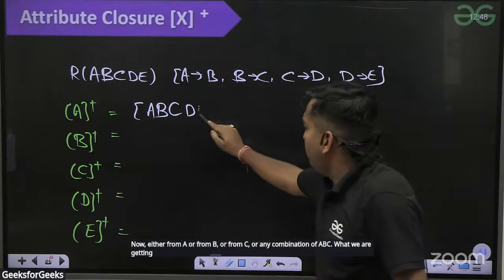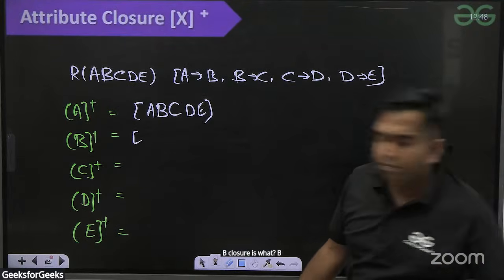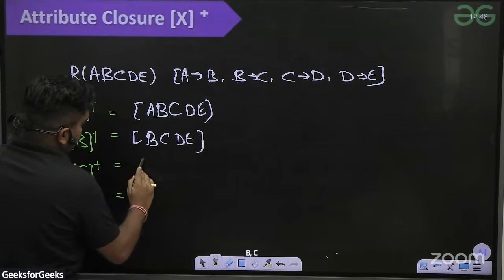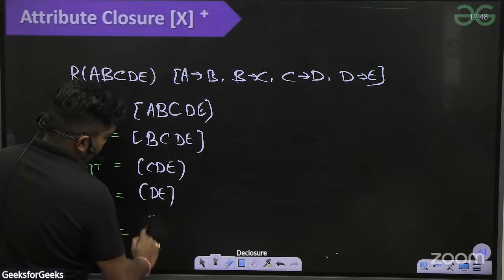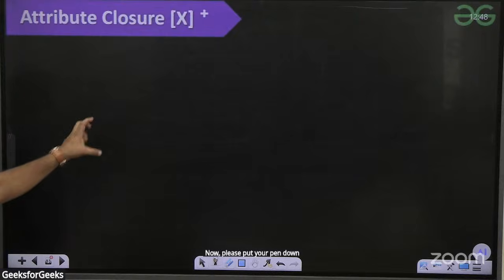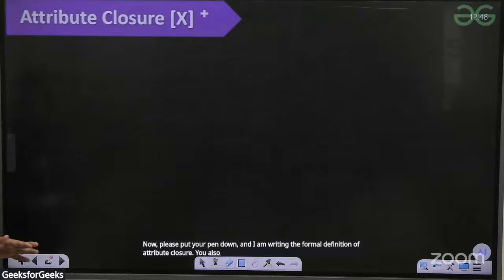And B closure is what? B, C, D, and E. Now please put your pen down, and I am writing the formal definition of attribute closure.